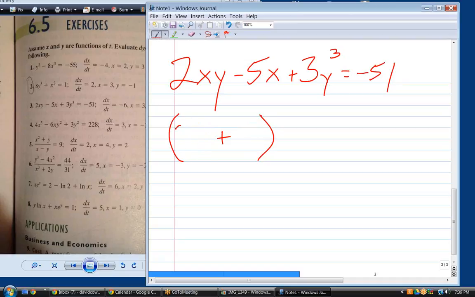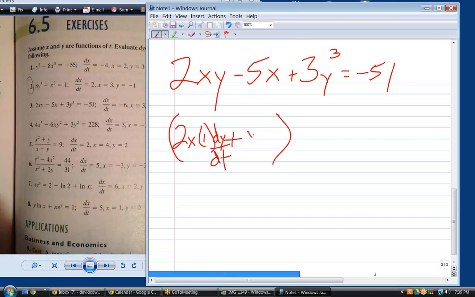So it would be 2x times, let's see. Let me make a little more room. Okay. And then so I'd be taking the derivative of y? Correct? Okay, so 1, and then it'd be dy/dt? Right. Okay.